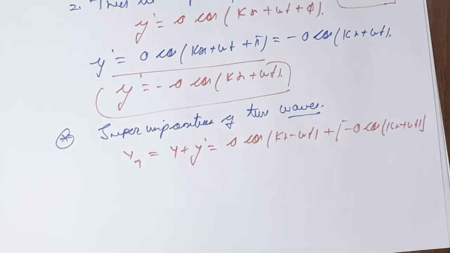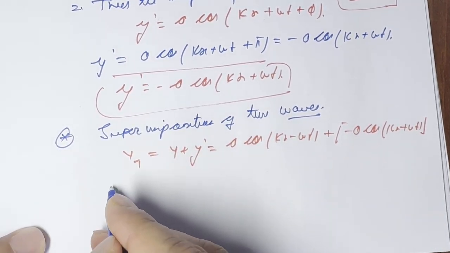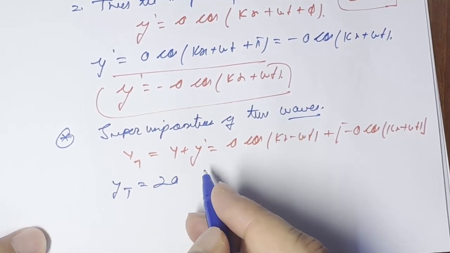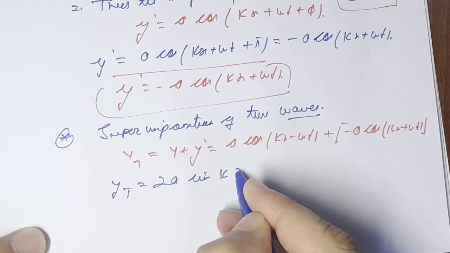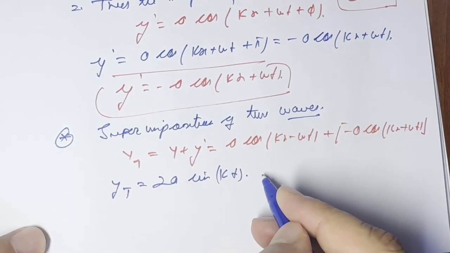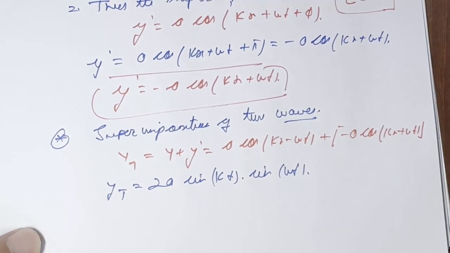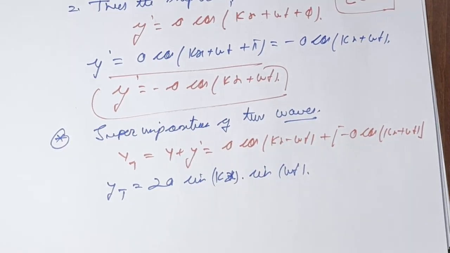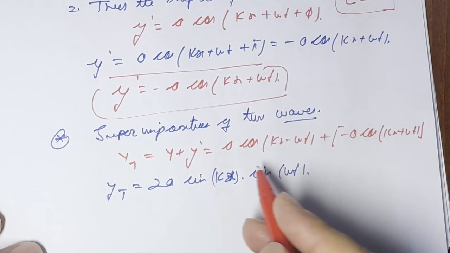So we can use the trigonometric formula. Our yt will be equal to 2a sine of kx multiplied by sine of omega t. Now it has two components. One component is sine of kx and another component is sine of omega t.